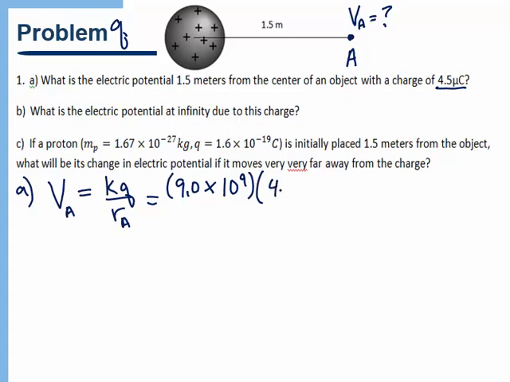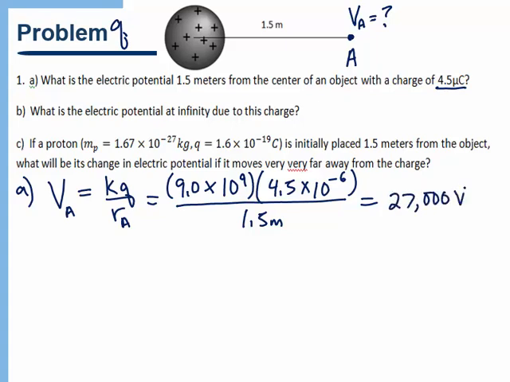Q is 4.5 times 10 to the negative 6th coulombs. And divide that by a distance of 1.5 meters. And if you calculate that, you're going to find that the electric potential at point A is 27,000 volts.